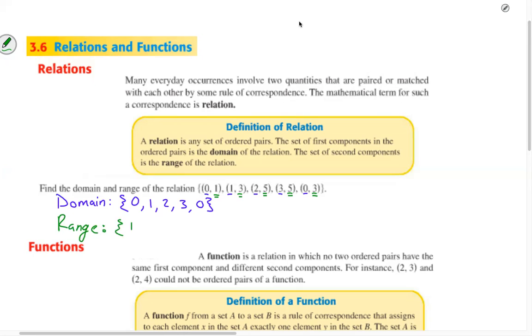So that's 1, 3, 5, 5, 3. Now, I like to repeat it just so that I have the same number of domain and range. Some teachers might just put your domain is 0, 1, 2, 3, and your range is 1, 3, and 5. Got that? But I like it this way. It all matches up, makes me feel nice and warm. I like that feeling, when things balance out.